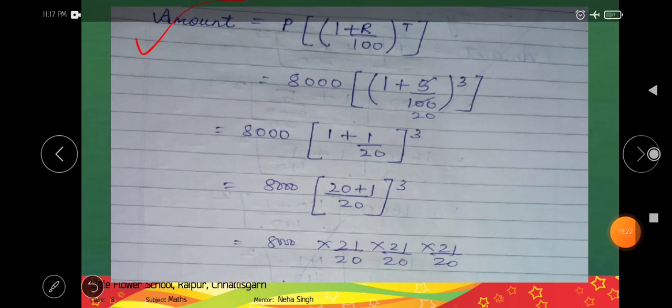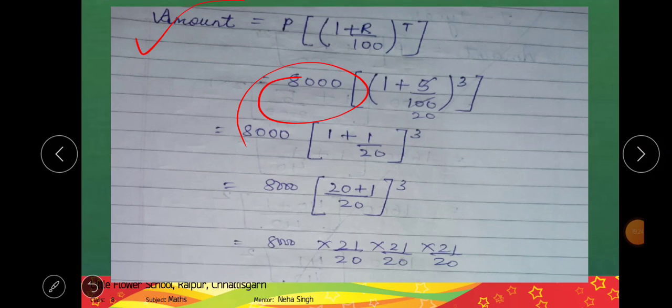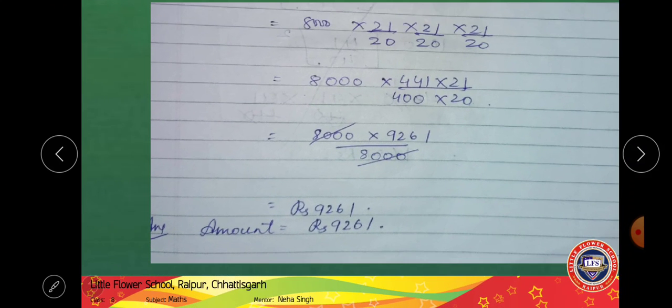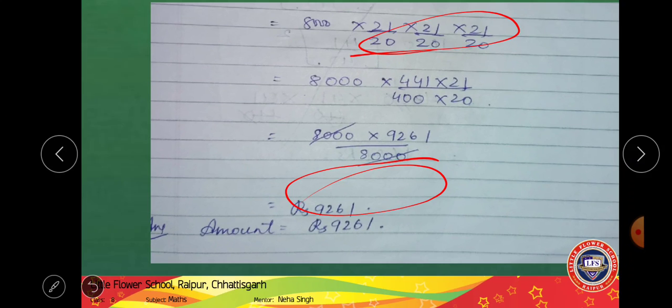So we'll put the values. The solution part is simple, as till now we have solved. You can go through the solution, right? Simple cancellation. 21 cube we have to find. 21 multiplied 3 times, right? The answer will be rupees 9261.